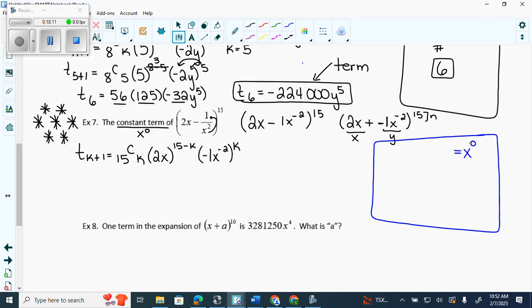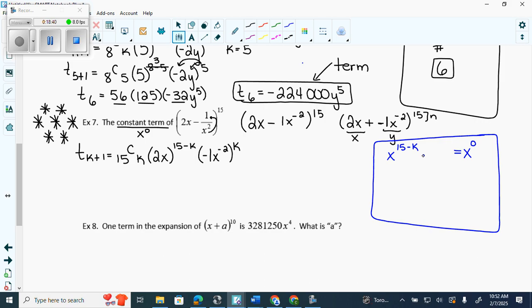So I'm going to pull the x's out of the formula, only the x's, to figure out what k needs to be to make it x to the 0. So this 15Ck sits here. The 2 is fine. I'm going to take x to the power of 15 minus k, which needs to multiply by, negative 1 stays, I don't really care, x to the negative 2 times k.